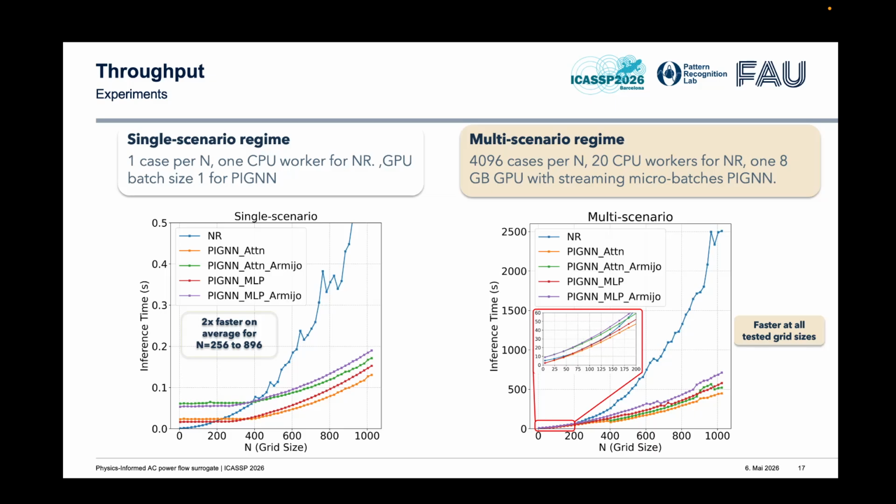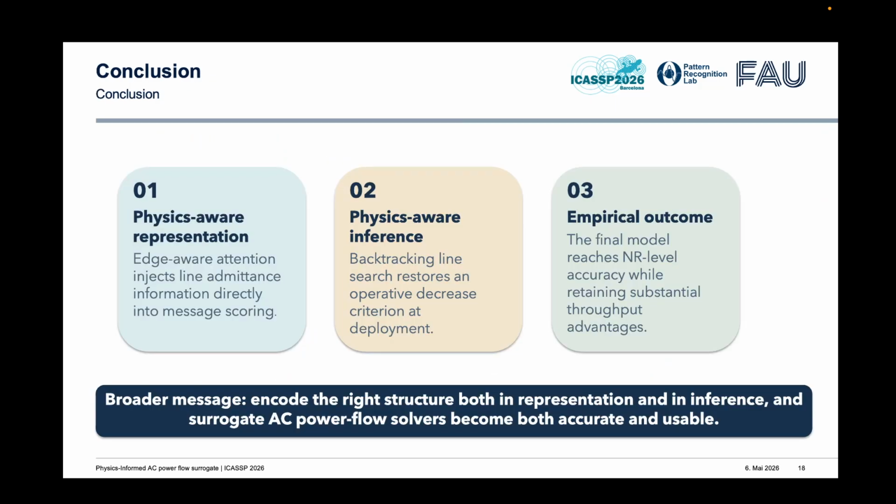So we can conclude our work by revisiting two main priors we have addressed. First, for the representation level, the edge-aware attention-based message aggregation provides the line physics directly into the message aggregation, making the fully differentiable non-operator layer inside the computational graph, while capturing the grid's anisotropy more faithfully.